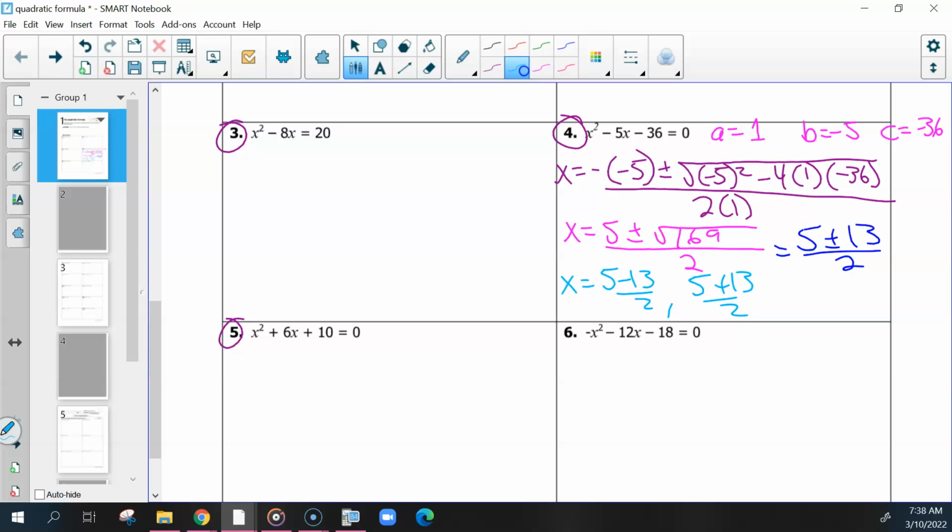Then we would need to simplify both. So 5 minus 13 would give us -8. 5 plus 13 would give us 18. And then we can simplify that once more to get our solution set. X equals -4 and 9.